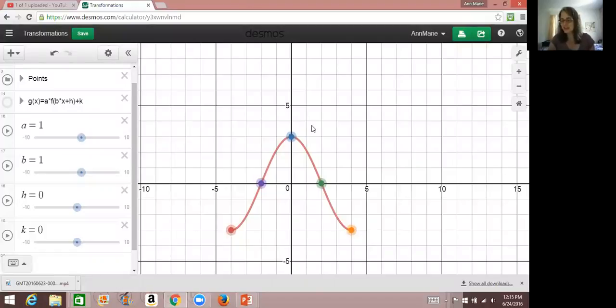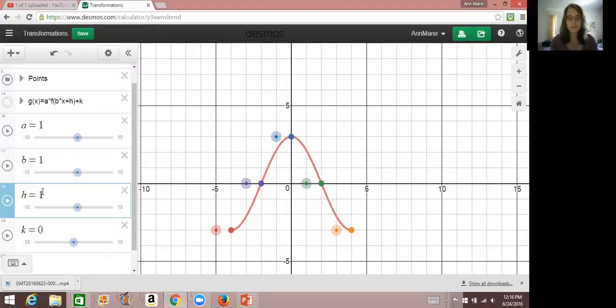What's the first thing we do? We do the horizontal shift. So the first thing we do is the +h. And we said our +h is 1. So I'm going to make h be 1. Remember, that moves all of my points 1 unit to the left.